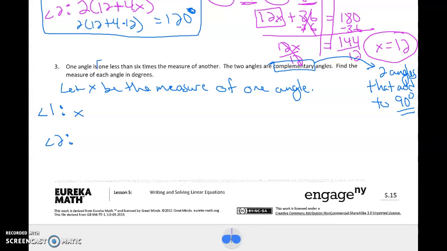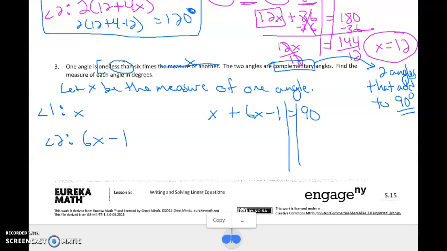Then the other one is 1 less than 6 times x. Less than is a turnaround one. We're going to take that one away from 6x. And they're complementary, which means they add to 90. So x plus 6x minus 1 equals 90.